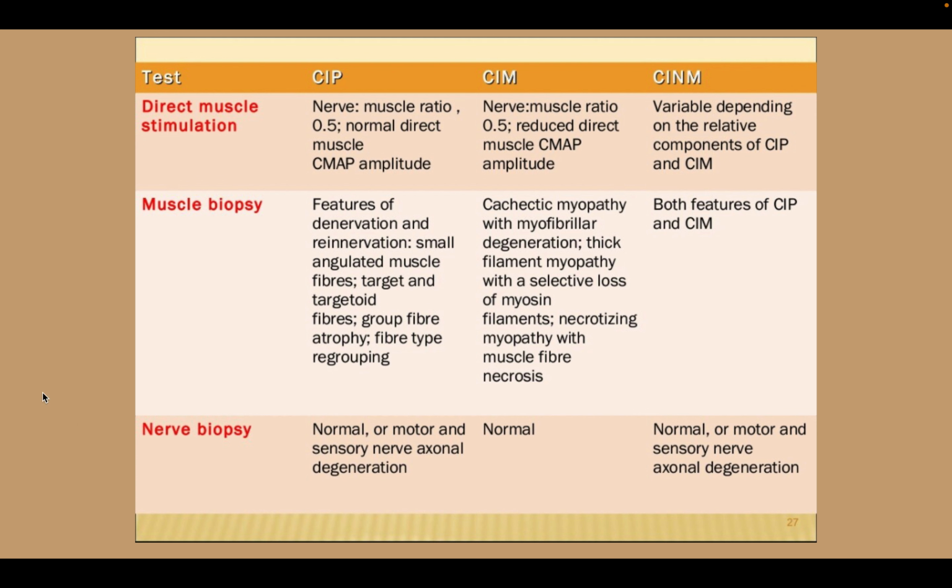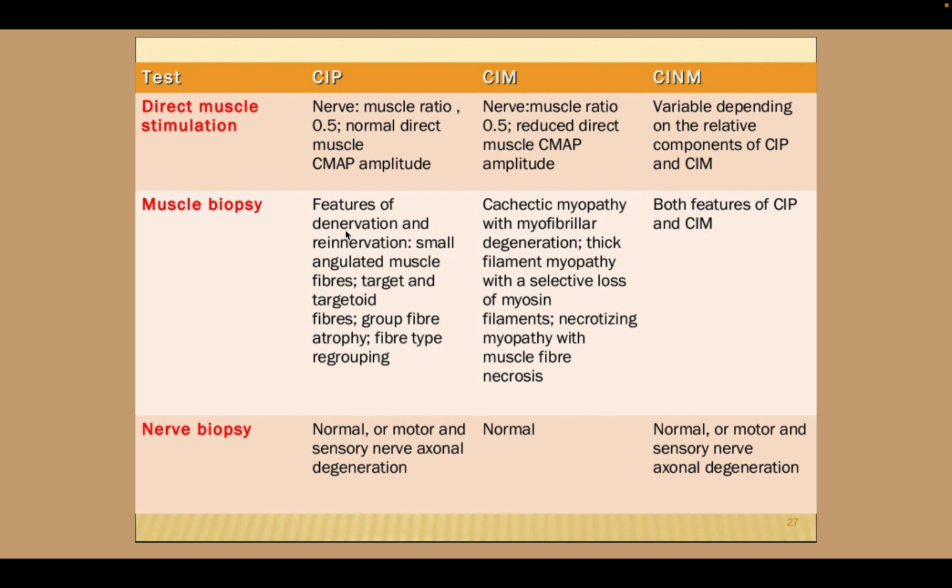At the same time, if you compare CIP, CIM, and critical illness neuromyopathy, you have direct muscle stimulation. So you have a nerve to muscle ratio of 0.5 and reduced direct muscle CMAP amplitude. Whereas in CINM, you have a variable depending on the relative components of CIP and CIM.